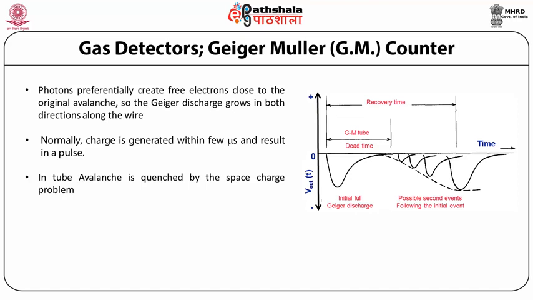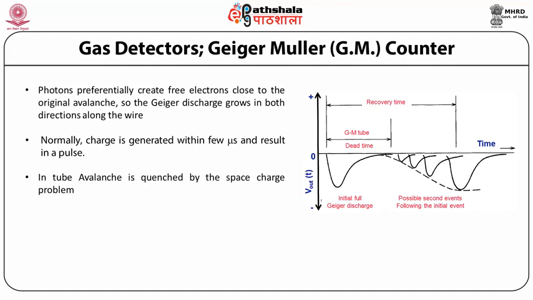So the avalanche is created by multiple sources of electrons, but when the avalanche happens throughout the volume of the gas, it is quenched by the space charge problem, because with the creation of each free electron in the gas, a free ion is created.